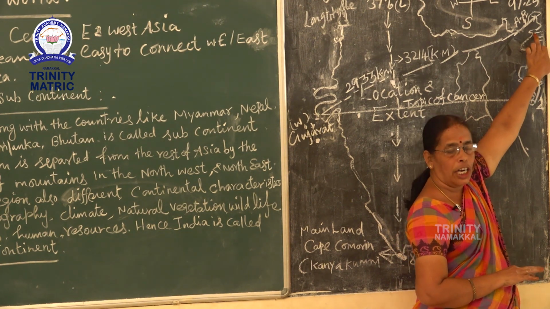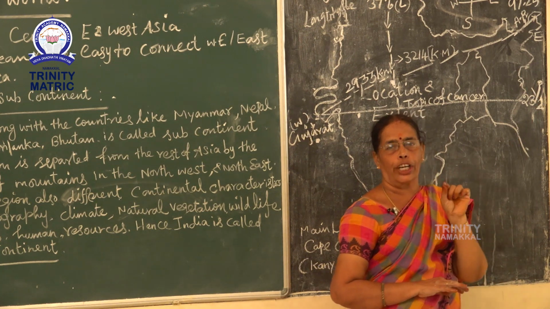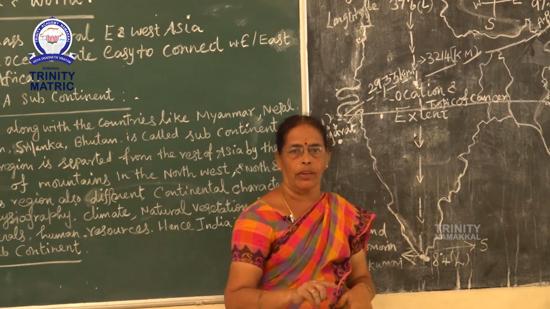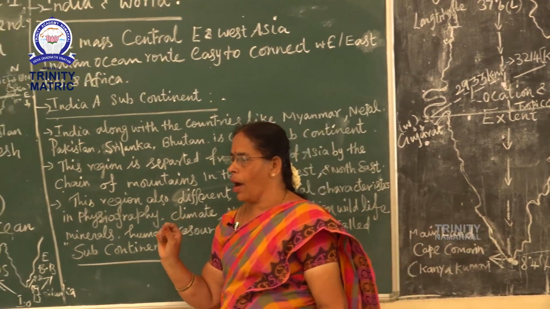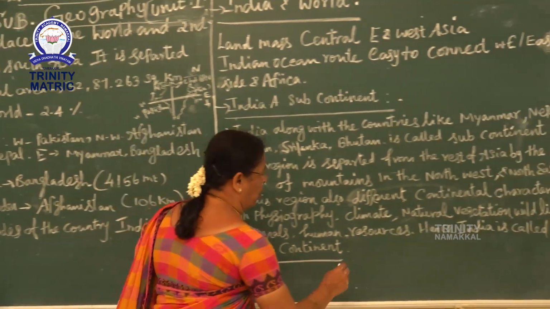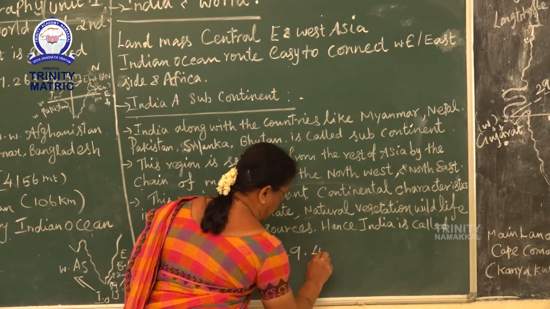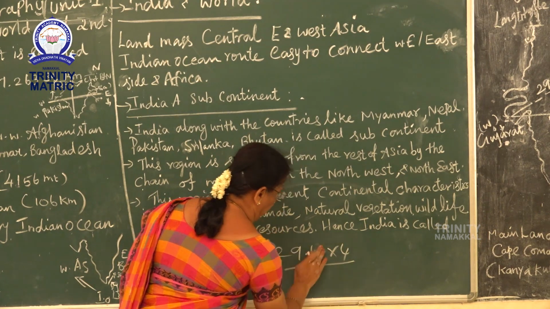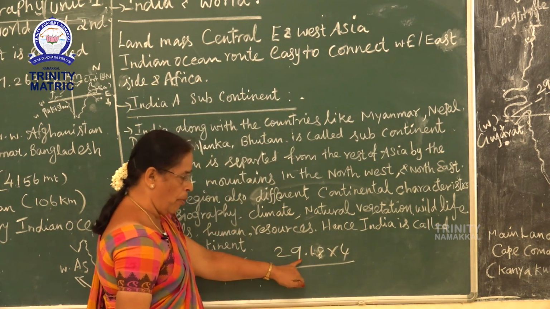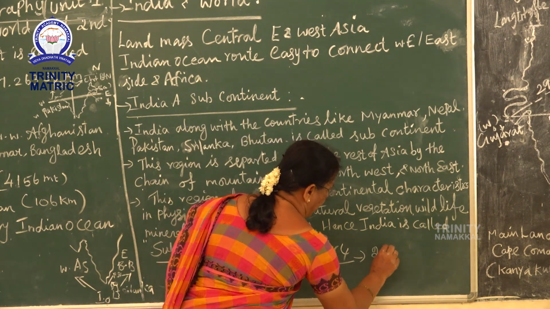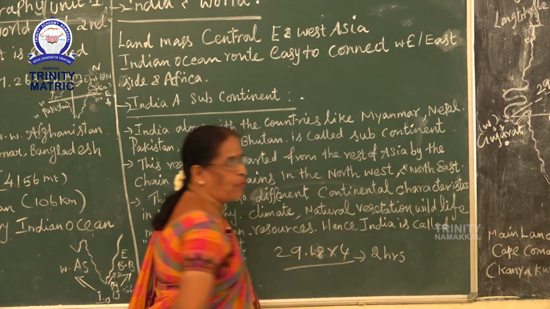So Arunachal Pradesh is at about 29.18 degree. Do you convert 29 point into 4? 29.18 multiplied by 4, that is approximately a 2 hours difference.